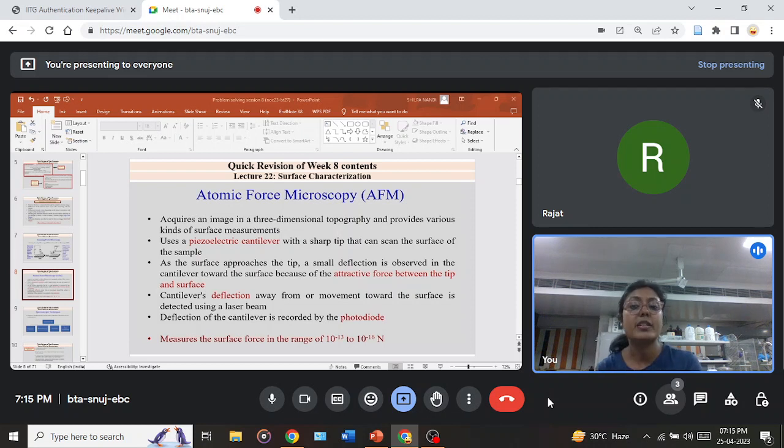Now, the cantilever's deflection away from or movement toward the surface is detected using a laser beam. So the laser beam is another component, and the deflection of the cantilever is then recorded by a photodiode. So the detector is basically this photodiode detector, and AFM, as I said, measures the surface force in the range of 10 power minus 13 to 10 power minus 16 Newton.